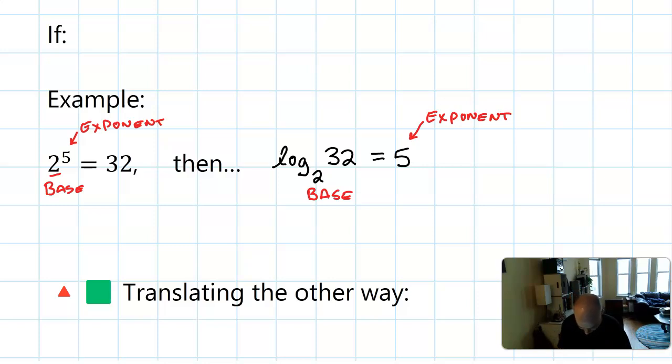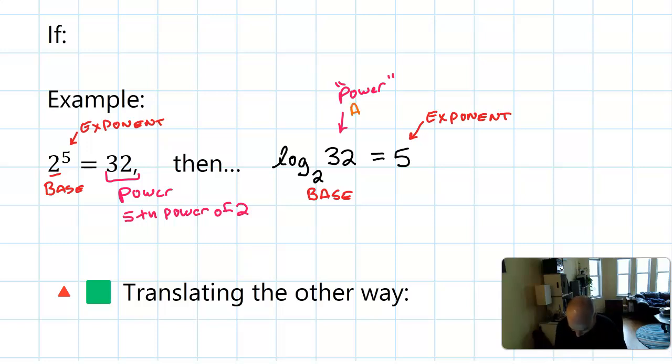And then what is the 32? Well, in the exponential form, 32 is sometimes called the power. Like it's the 5th power of 2. But another word for it, when it's on the logarithm side, is the argument.